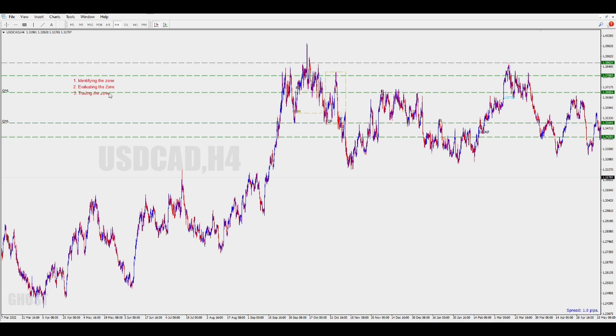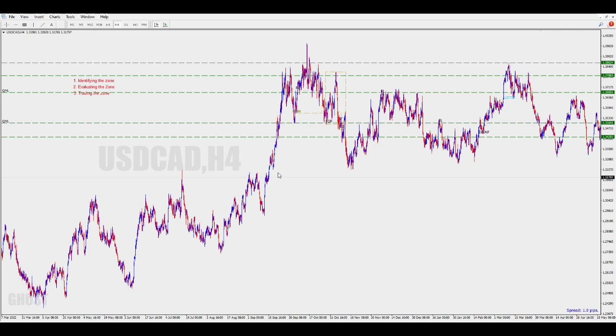And then it's trading the zone. So trading the zone will include the price action that we receive at the RS or the QM level or the MPL, you can say. And it's an extremely simple strategy, right?